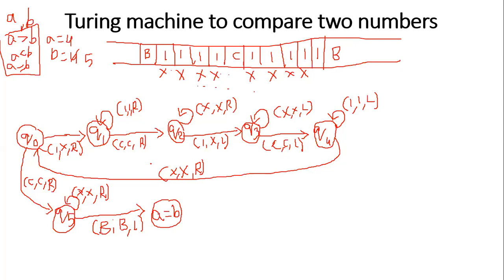If there is a C immediately after X, we know that all the symbols in the first part are finished. How do we know that some symbols are remaining in the second part, that the second part is yet to finish? If there is no blank after X. What should be the symbol after the last X?